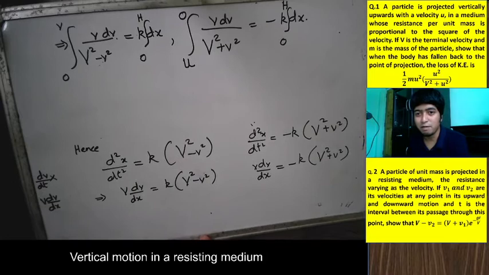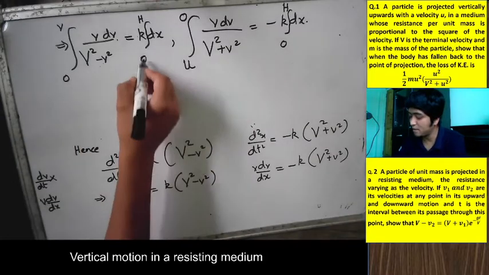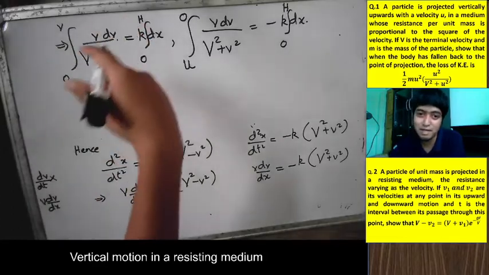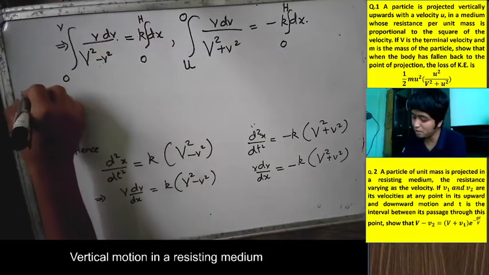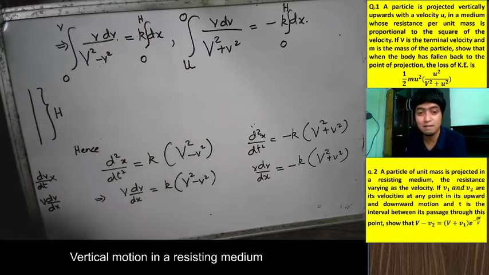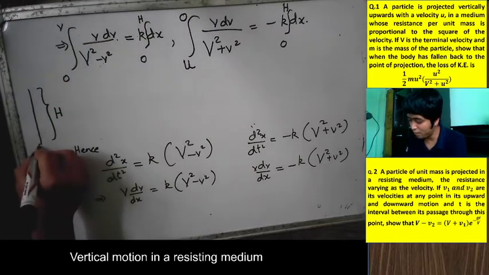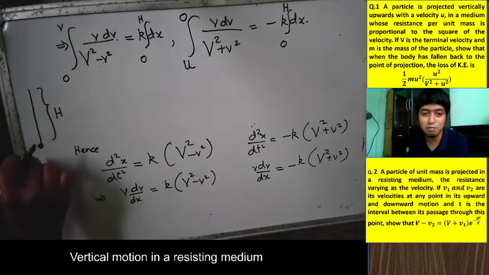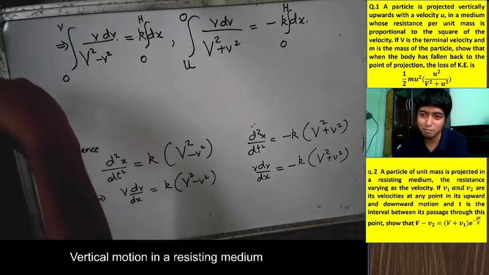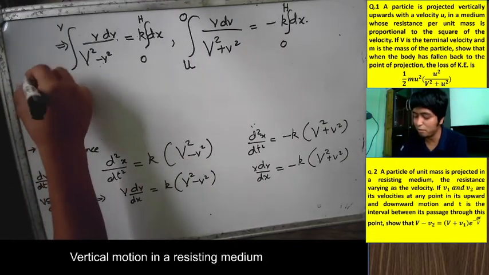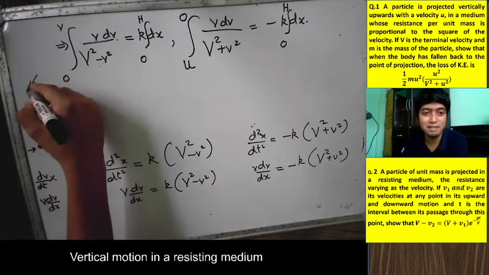Some of you may be confused. Why is it that over here it's 0 to h? Some of you may be thinking that in one case it should be h to 0. Just remember that we are just fixing the distance to be h. For the upward motion, we are measuring the distance from this point. So that is why this point will be the 0 point for the upward motion. Whereas for the downward motion, this point is the 0 point because we are measuring the distance from this point.